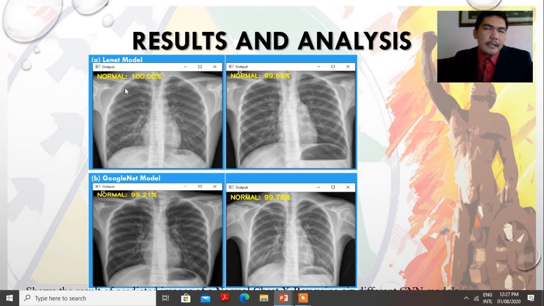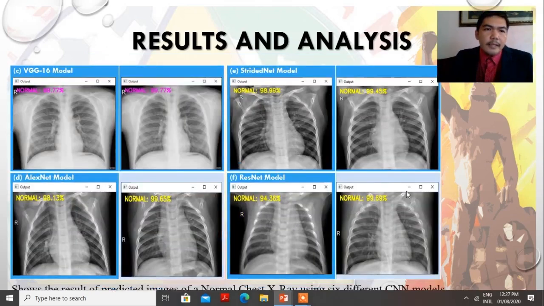So it has detected that this image on the left side is normal with 100% mark. Then on the right side, we have the normal 99.68%. So for the GoogleNet model, it obtained the grade of 92.21% and 99.78% as an example.